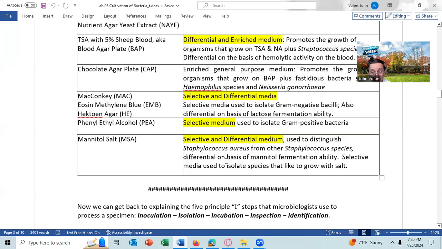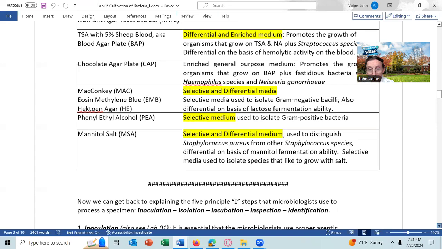If it cannot ferment mannitol, it will not be yellow and will be the normal color of the mannitol salt agar, which is kind of reddish. Now, with selective and differential media, you can only do the differentiation if the bacteria can grow on the plate. If the bacteria cannot grow on the plate, you cannot say anything about the differential activity of the bacteria. Any question about any of that?